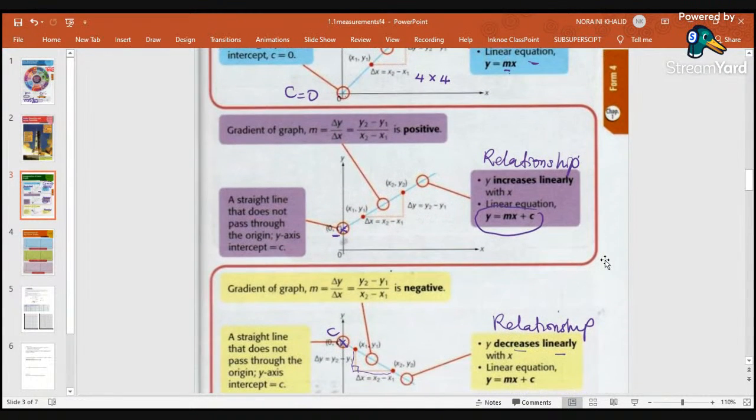Don't write the relationship as, for example, when x increases, y decreases. You cannot use this as the relationship. So you must use the correct words for relationship. Do not use hypothesis to write relationship.